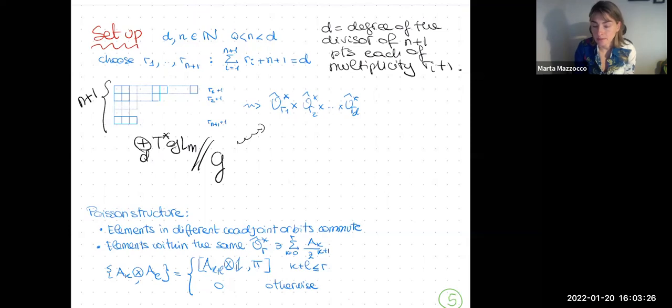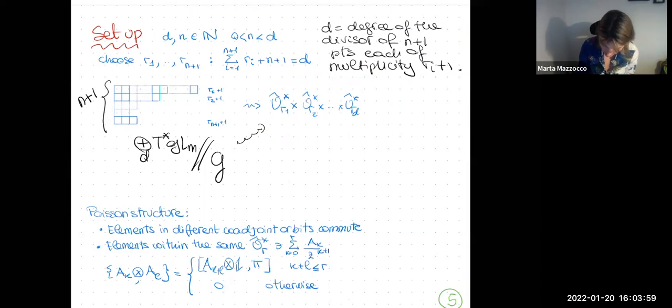And the point is that on this space is where we study isomonodromic deformations for connections which have n plus 1 singularities, each of order r_i plus 1. So this is the natural space to study isomonodromic deformations.